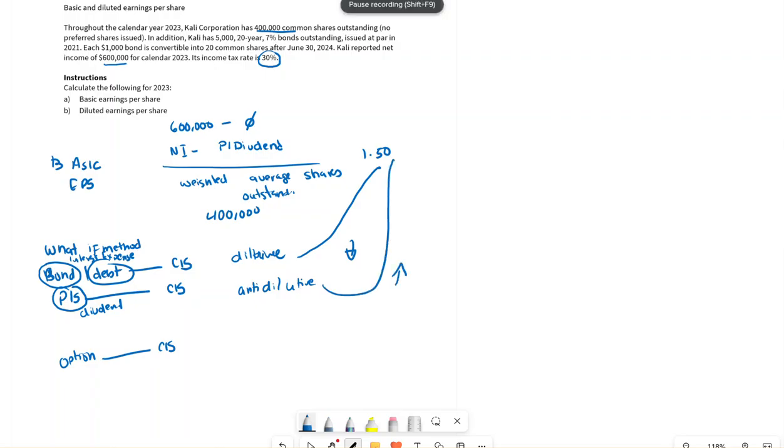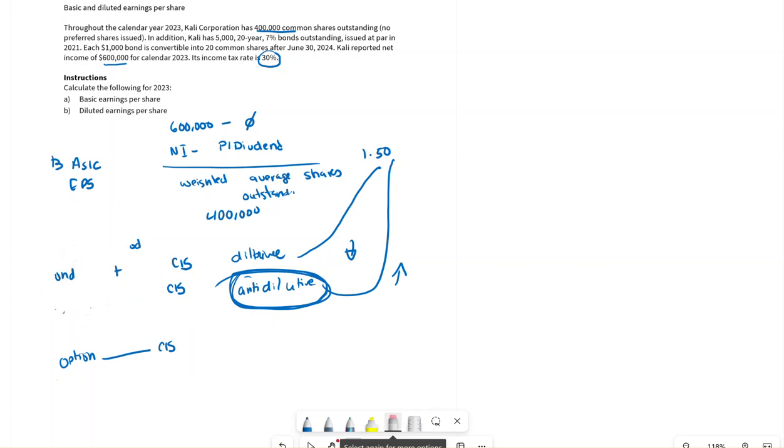If a bond, preferred share, or option is anti-dilutive, we ignore it and exclude it when we calculate diluted earnings per share.